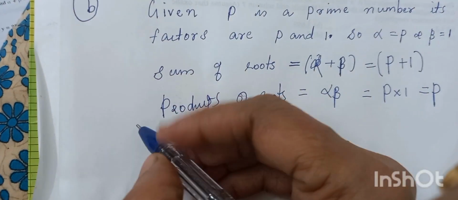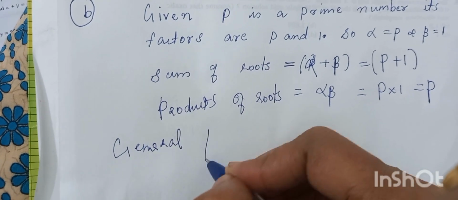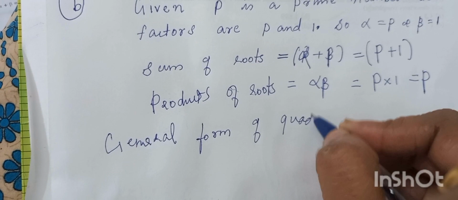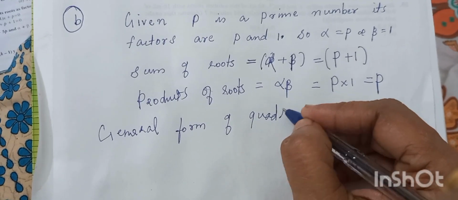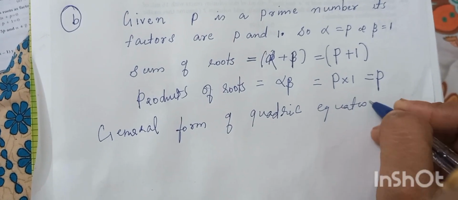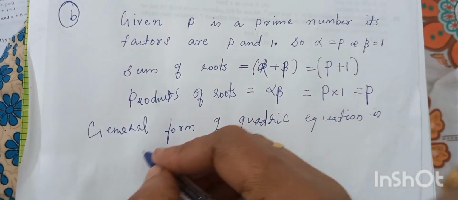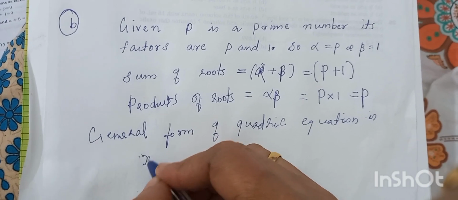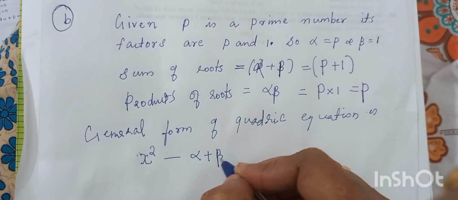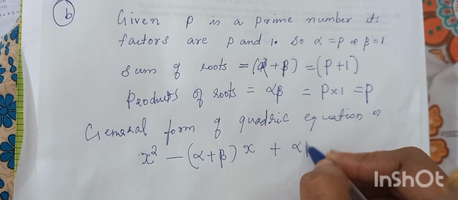Then the general form of a quadratic equation is x square minus alpha plus beta into x plus alpha beta.